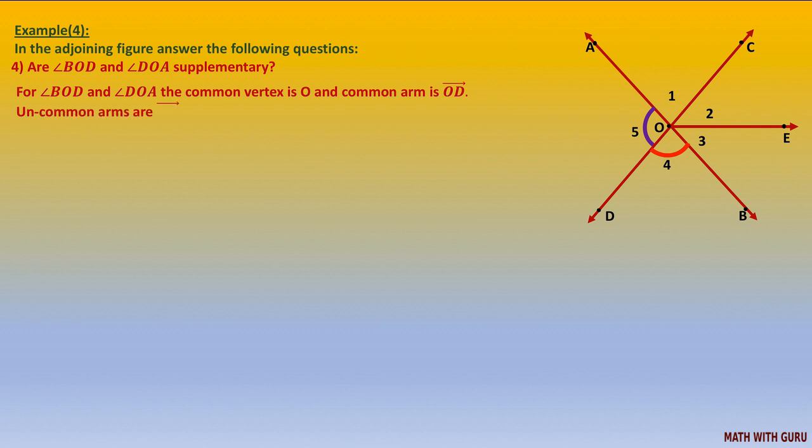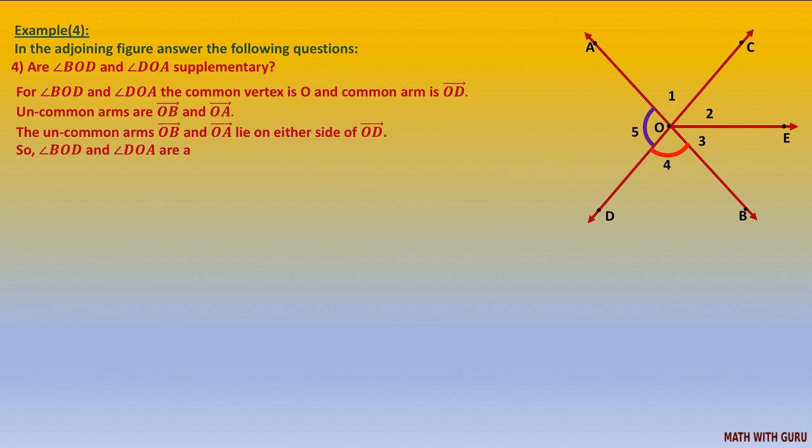Uncommon arms are OB and OA. These are the uncommon arms and they are in opposite directions. The uncommon arms OB and OA lie on either side of OD.